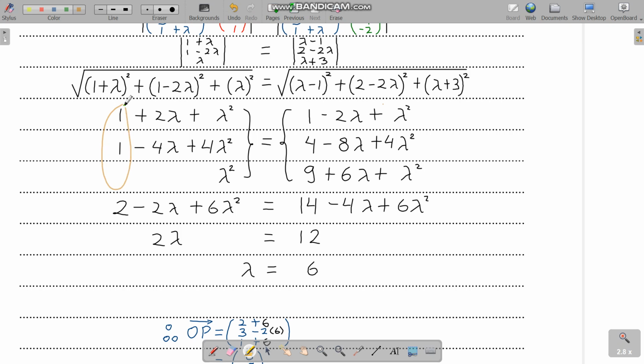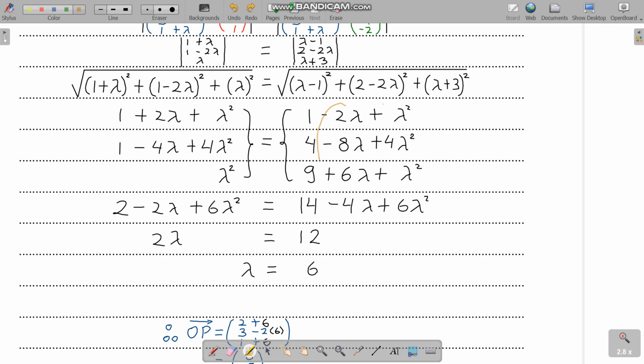From here we have 1 plus 1 is 2, this is minus 2, and this is 6. This would be 14, and this is minus 4, and this is 6. We cancel out, and we can add 4 lambda to both sides, so we have just 2 lambda on the left, and we subtract 2 from both sides, so we have only 12 on the right, which means we divide by 2 and get lambda equals 6.